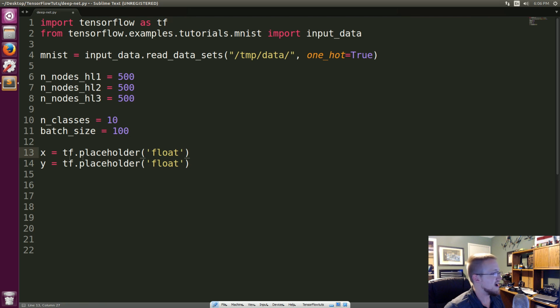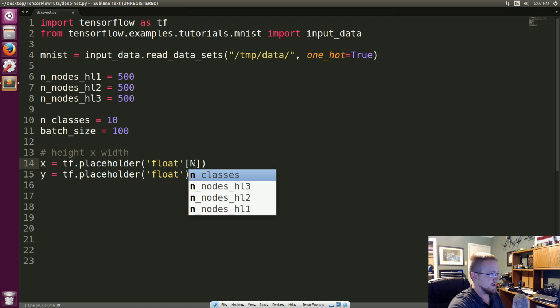For example, x is your input data, and the input data will have a very specific shape. It's going to be 784 pixels wide, and a matrix is height by width. So the height of the x data set, what would the height be? Well, you're not going to have any height really, so that would be None.